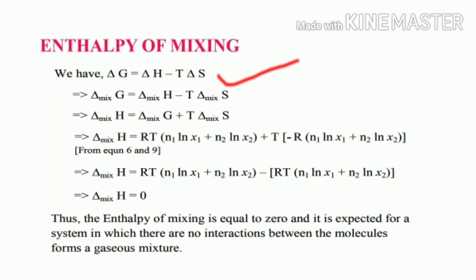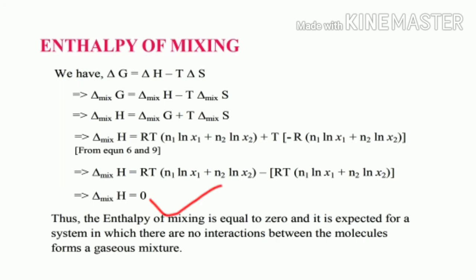Now replacing ΔG_mix and ΔS_mix from equations 6 and 9, we get ΔH_mix = RT (n1 ln x1 + n2 ln x2) + T × (−R)(n1 ln x1 + n2 ln x2). So ΔH_mix = RT (n1 ln x1 + n2 ln x2) − RT (n1 ln x1 + n2 ln x2).